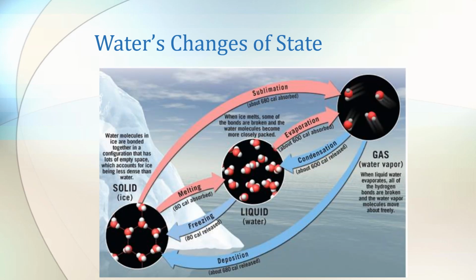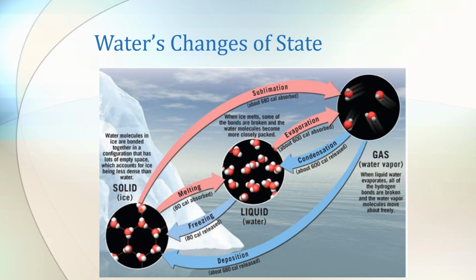As you can see in this figure, this part is the solid ice, where the water molecules are bonded together in a configuration that has lots of empty space, which accounts for ice being less dense than water, as I mentioned in the previous slide.